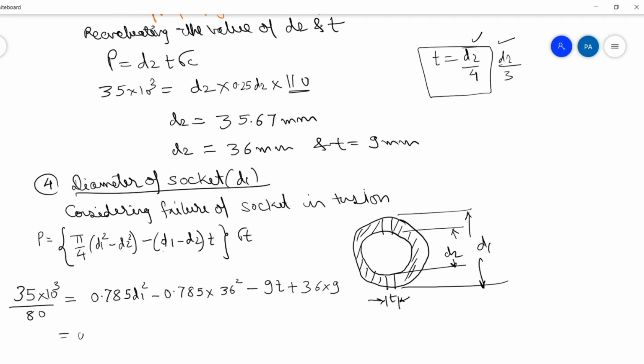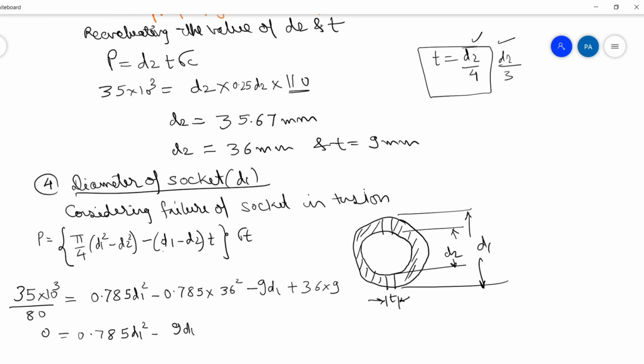So this can be written as 0.785 D1 square minus, actually, it should be 9 D1 and not 9T. There is a mistake here. Minus 9 D1, and remaining everything will go as a constant.